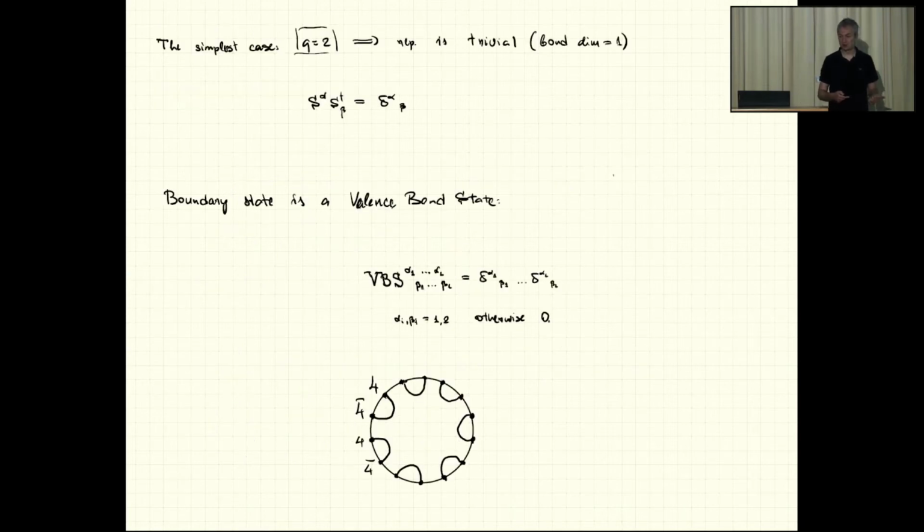The simplest case is when this representation is trivial, so the smallest value of Q is 2. Then one representation is the defining representation of SU(2), and the other representation is one dimensional, meaning that it's trivial. In that case, the state is even simpler. There is no trace to take because the representation is one dimensional. So what we get is a valence bond state, which projects the indices into an SU(2) singlet.